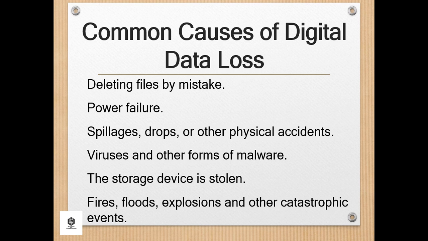Some common causes of digital data loss are deleting files by mistake, power failure, spillages, drops, or other physical accidents, viruses and other forms of malware, the storage device being stolen, and last, fires, floods, explosions, and other catastrophic events.